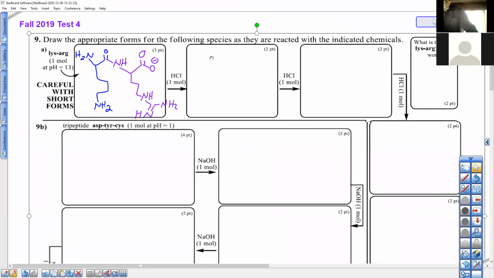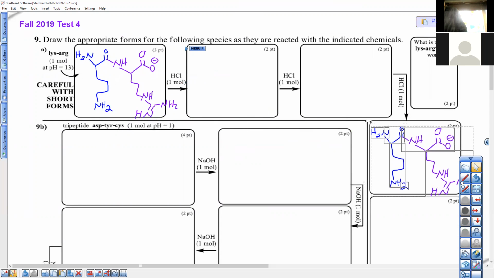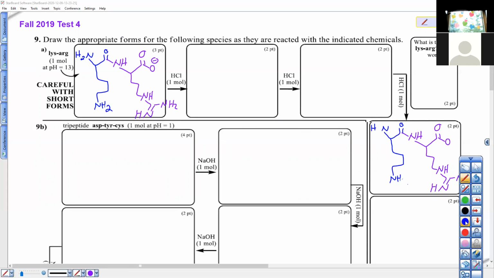Okay, so all the H's are on there. That's not an NH2. That's an NH2 plus. That's not an O minus. So NH3 plus, everything's protonated down here.